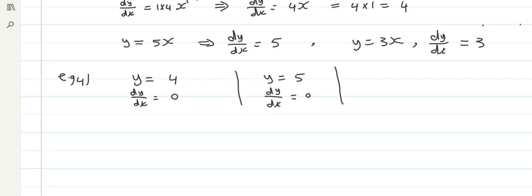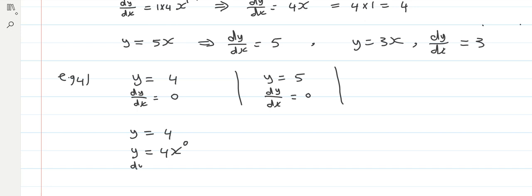So on example number 4, we had y equal 4. Usually, when we have a number by itself, there is an invisible letter next to it. But when that letter is to the power 0, we don't write it, because we know x to the power 0 is 1. So basically, that y equal to 4 is 4x to the power 0.